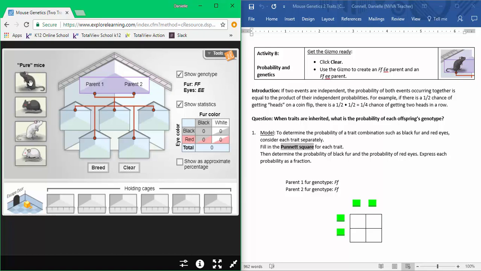Okay, so in order to do that, you're going to have to use what you learned from your last gizmo attempt to put that together. Okay.